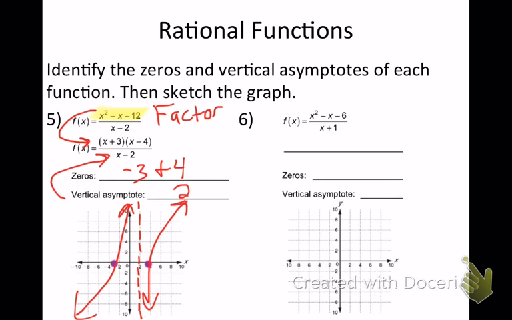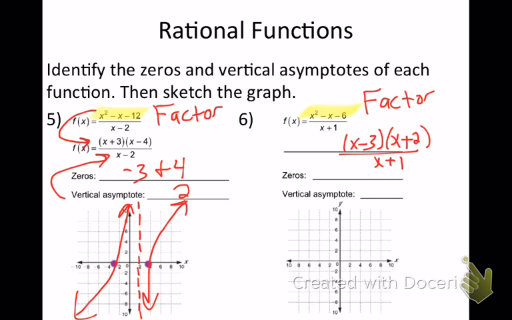All right. 6. I want to factor the numerator down first. So I have x squared minus x minus 6. What multiplies to get negative 6, adds to get negative 1? Just kind of gave you the answer on that one. So you get x minus 3, x plus 2, all over x plus 1.